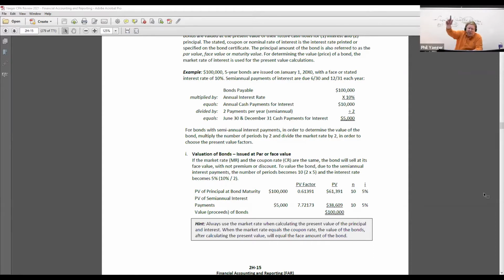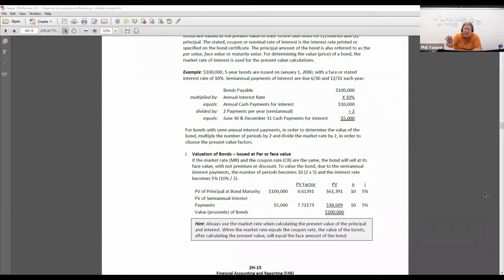Now, once again, we take the 100,000 and multiply by the present value factor of $1. We have here 10 periods. It's a 5-year bond, and we pay interest semi-annually, so we're going to pay interest for 10 periods. And the yield rate is 10% a year. So for every period we pay interest, this is going to yield us what?